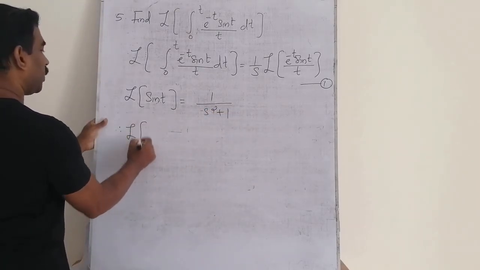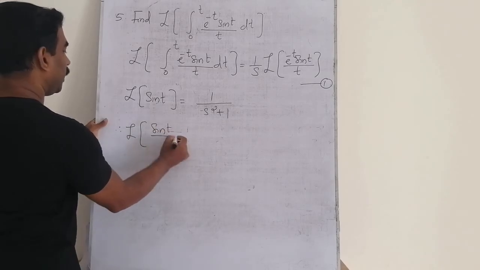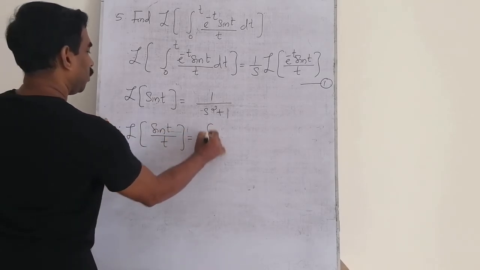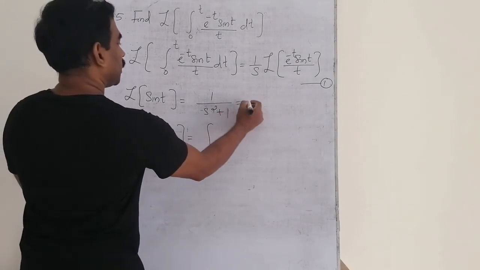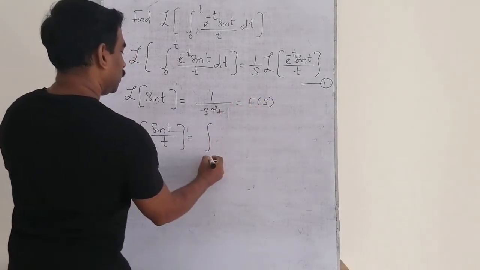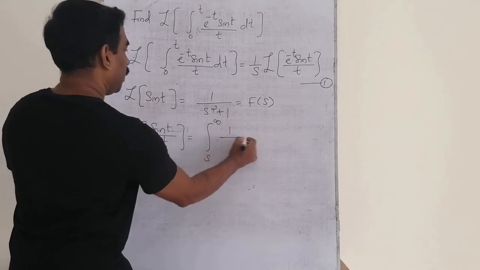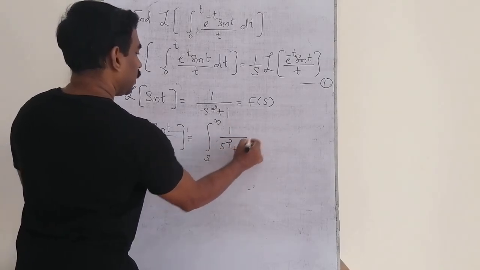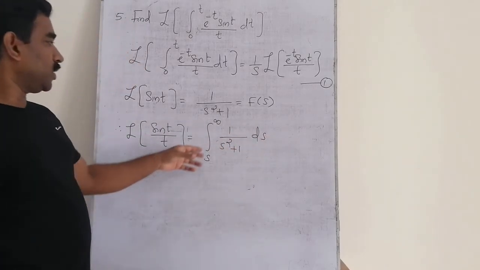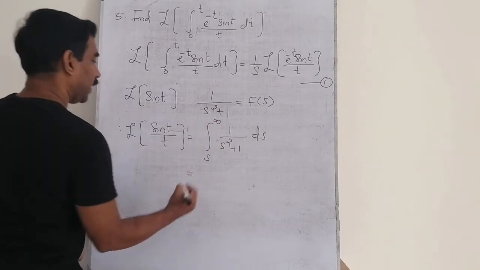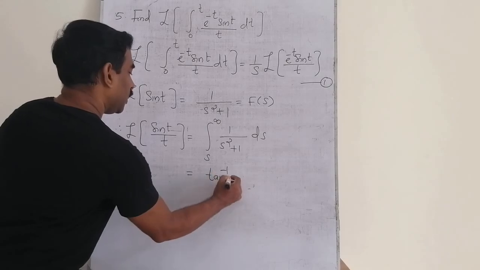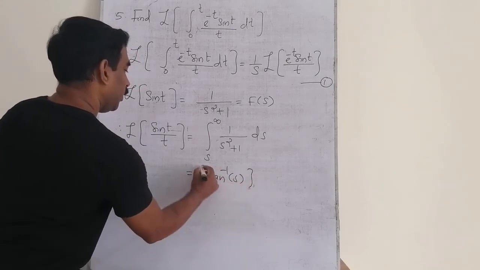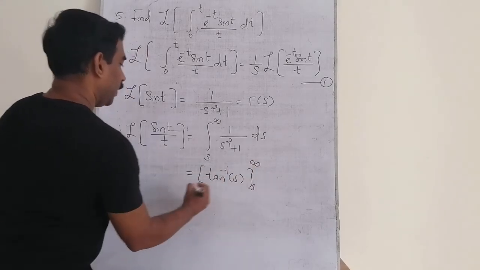Therefore, the Laplace transform of the quotient sin t by t, according to the formula, is the integral from s to infinity of F(s) ds. Suppose this is our F(s), then this is the integral from s to infinity of 1 by (s square plus 1) ds. And what is this? This is the standard integral, 1 by a tan inverse of x by a. So this is tan inverse of s within the limits s to infinity.